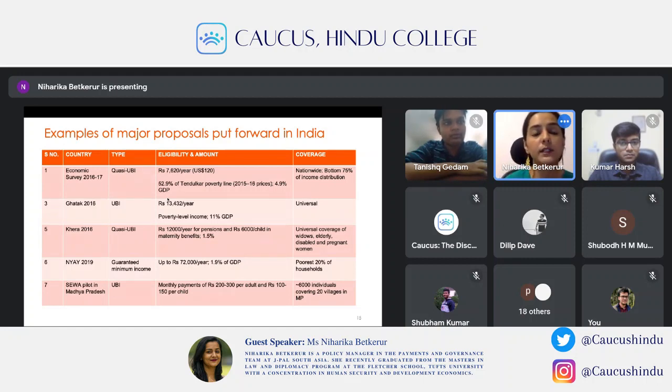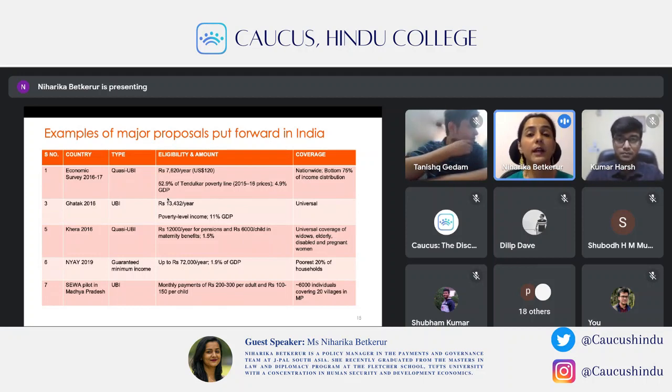This set the ball rolling in terms of people talking about UBI, how it could be implemented in India, what the different amounts would be, and what consequences that would have for our fiscal budgets.